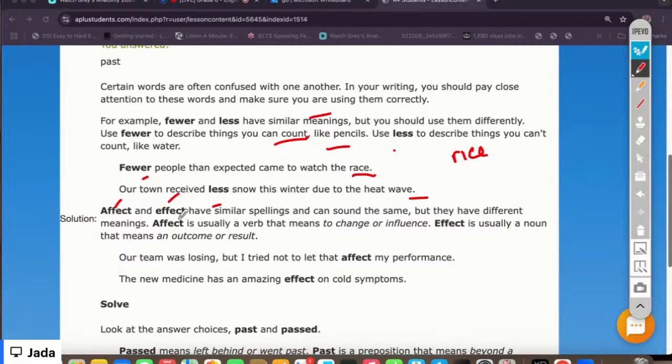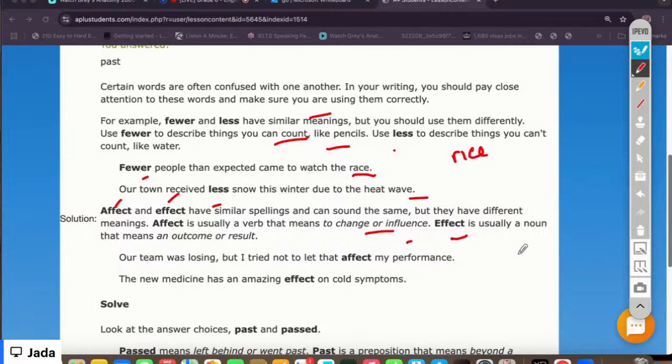But they have different meanings. Affect is usually a verb that means to change or influence. It's just like saying, "Oh, his negative vibe affected me," so it influenced your own feeling.